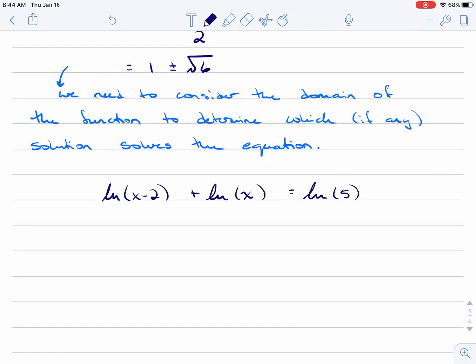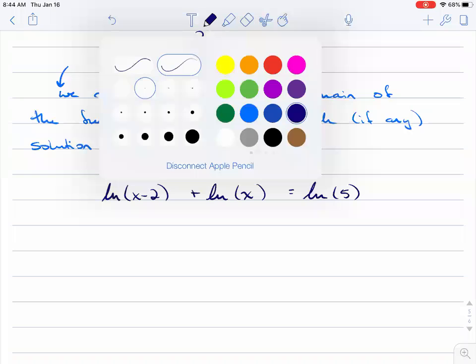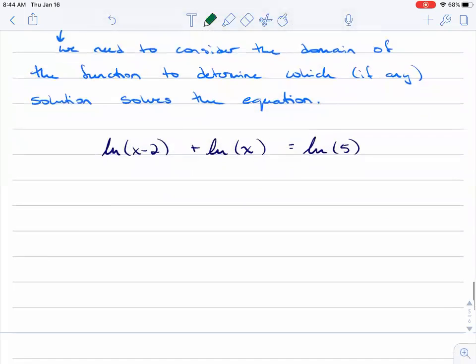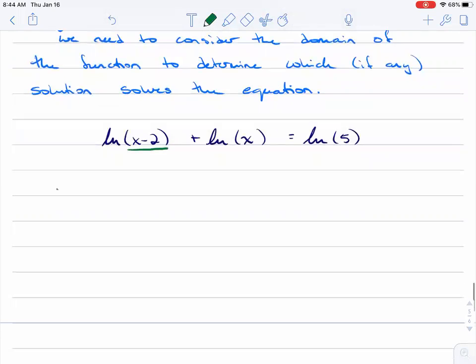We said for any log, x has to be a positive value, so it can't even be 0. It has to be greater than 0. And so for this one here, I know that x minus 2 has to be greater than 0. So my restriction here is that x must be greater than 2.